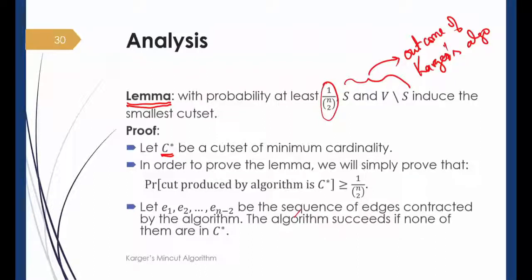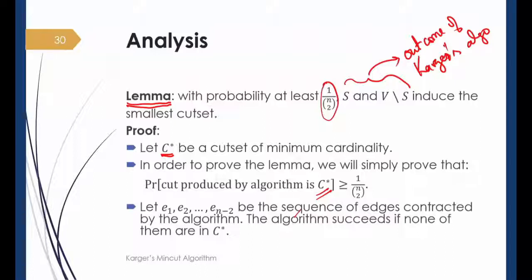We will prove that the probability of the cut produced by the algorithm, this S and V minus S, actually corresponding to the cut set C star is itself greater than 1 over n choose 2.